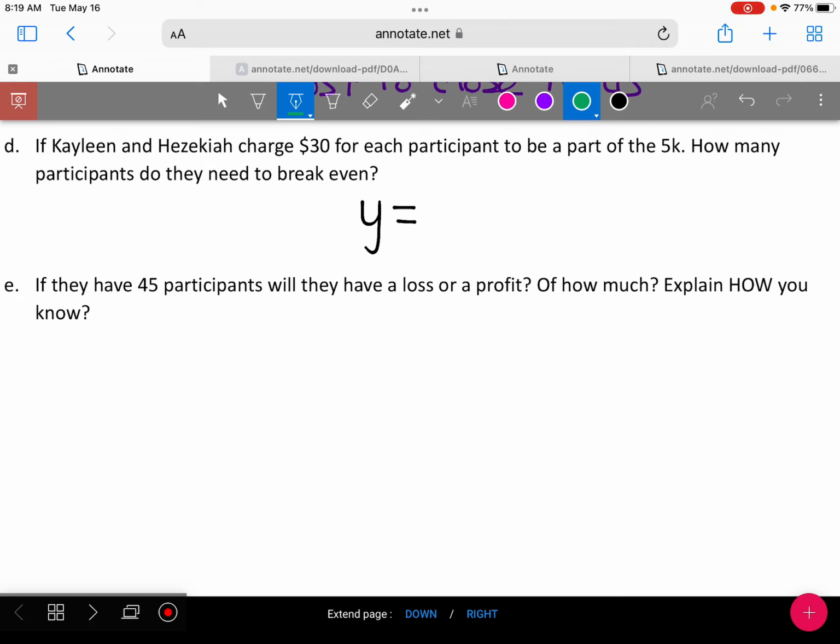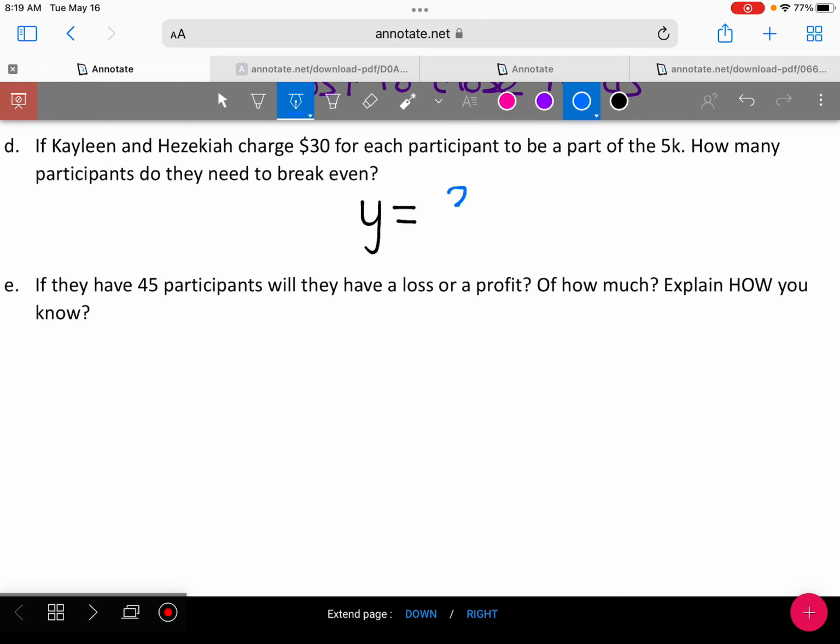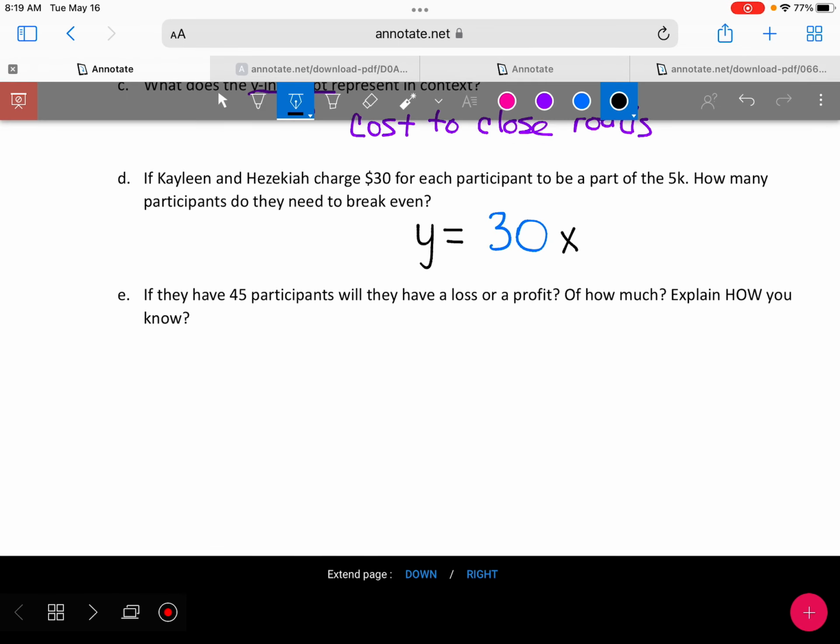Is the 500 a part of this equation? No. This is just the $30 for each participant. We have that same x. The $500 to close the roads is in our cost equation. It is not a part of how much money we make, unless we get a sponsor who's going to donate $500.